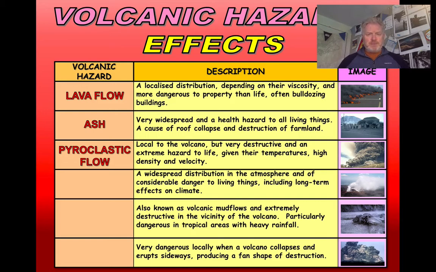The hazard that's distributed in the atmosphere does cause significant danger to living things in concentration. Even in fairly low concentration, it can have some long-term effects on climate. That is volcanic gas.